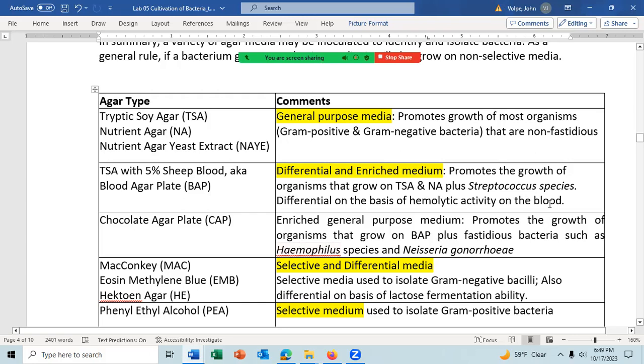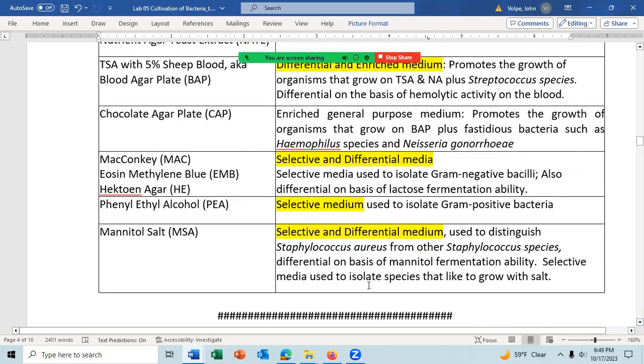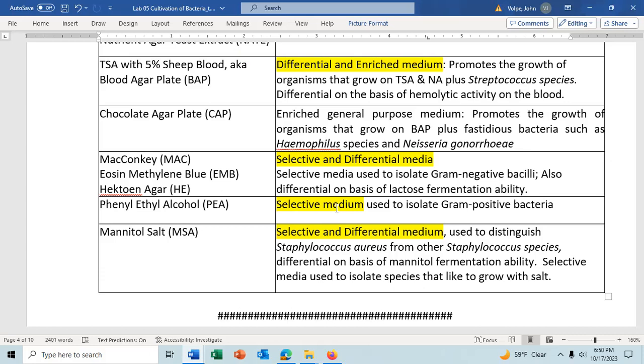There's also selective and differential media. We're going to talk about three in this lab: MacConkey's, abbreviated MAC, eosin methylene blue or EMB plates, and Hektoen agar or HE plate. They are all selective and differential. They are all selective for growing mainly gram-negative bacilli. They are also all differential on the basis of their ability to ferment the sugar lactose.